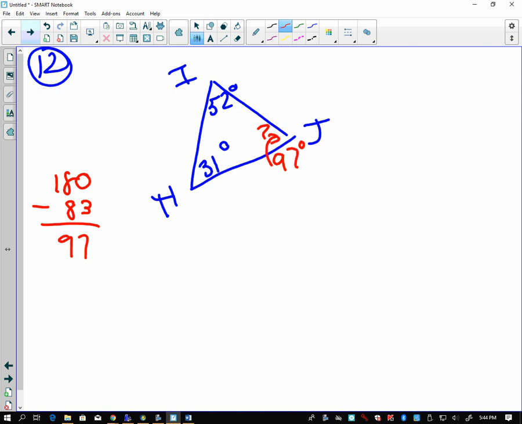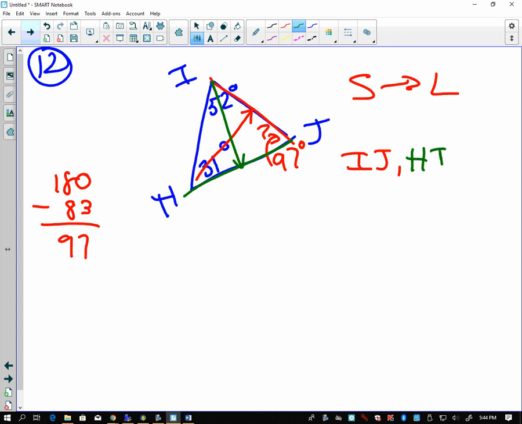And they wanted shortest to longest. So I'm going to look at this from the smallest side. So 31 is my smallest angle. So IJ is my shortest side. My next largest angle is 52. So I'm going to go across to it. It appears to be HJ.